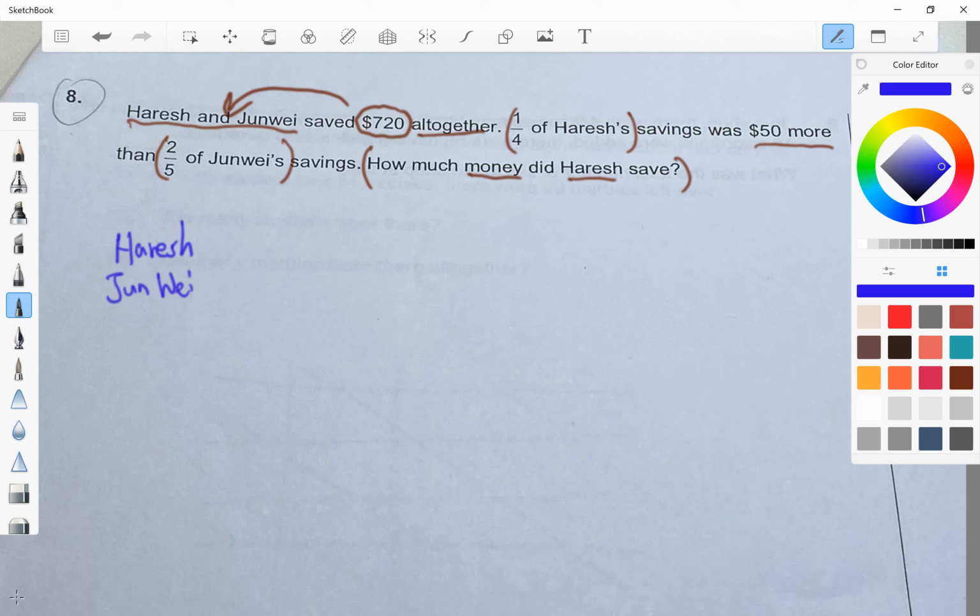So it is mentioned that 1/4 of Haresh's savings was $50 more than 2/5 of Junwei's savings. And how can I achieve that? How can I draw the model? So to start things off, I will draw a rectangle of a good size.